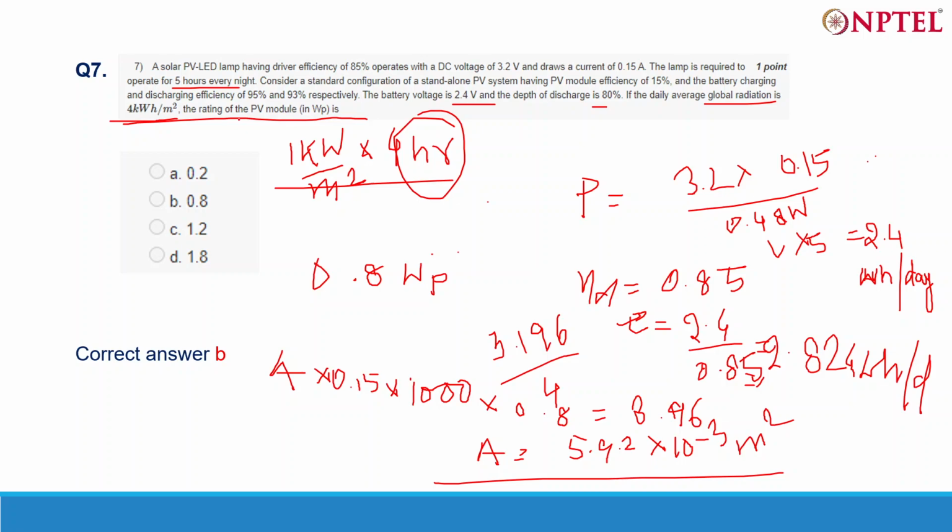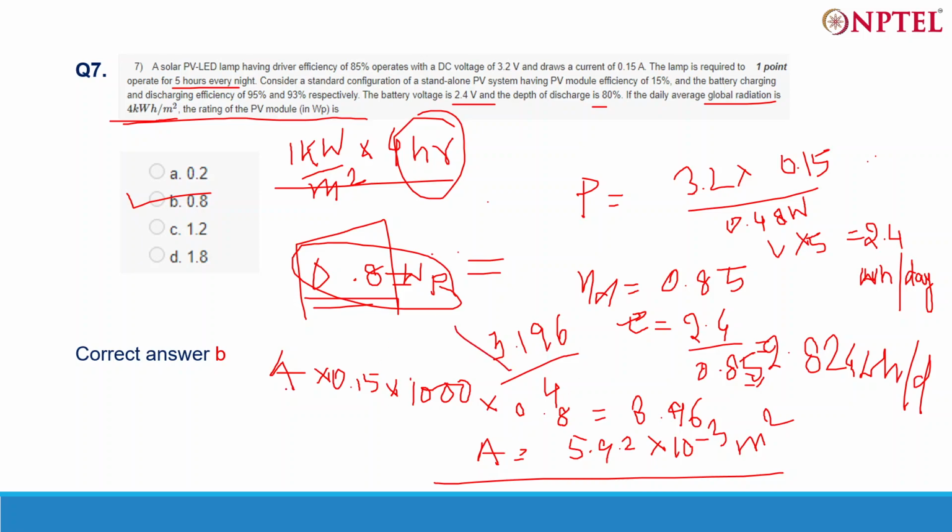Now we need to know the rating of the PV module. So just multiply it and equate it with this. You will get the rating of the PV module as 0.8. I think we have calculated this is the rating of the PV module, the Wp value, 0.8, which is 3.196 divided by 4.